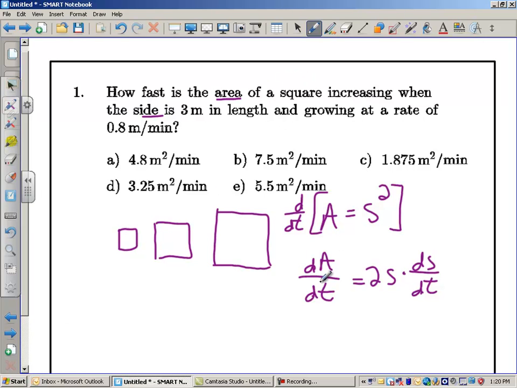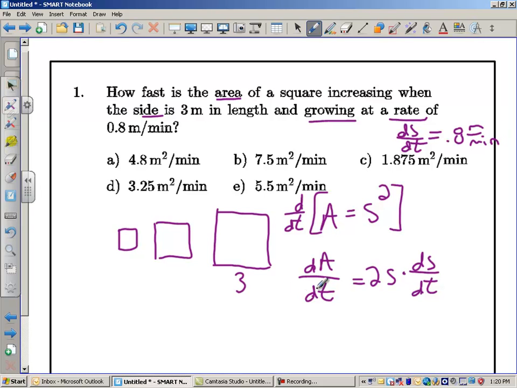So we want to know now how fast is the area of the square increasing. Well, dA/dt is a derivative of area, and that tells you the rate of change. So we're going to freeze our picture, and we're going to label one side length as 3 meters. And we know that the side length is growing at a rate. That means derivative. That means that ds/dt, or the rate of change of the side length, is 0.8 meters per minute.